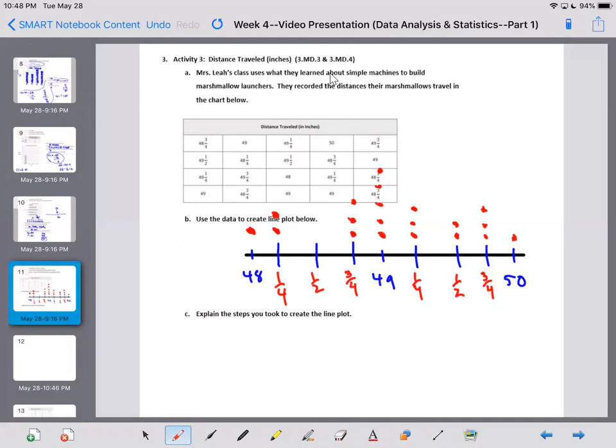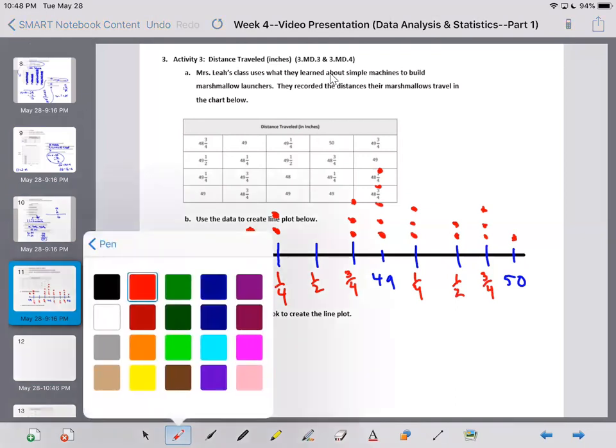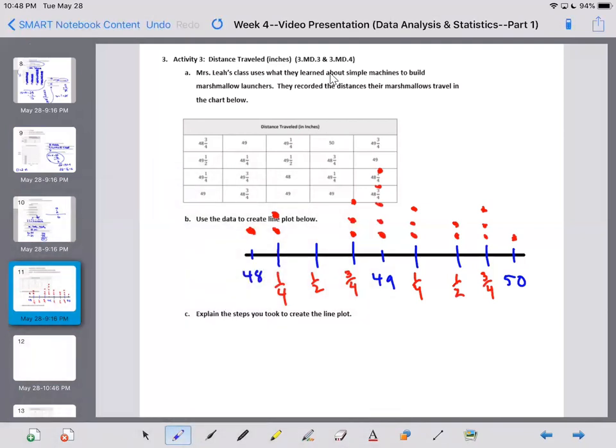So you can kind of see, not that you're looking at these types of graphs in third grade, but you can kind of see how the graph would flow. So then you're just having students explain the steps that it takes to create the line plot. So what you would want to do is draw that line.